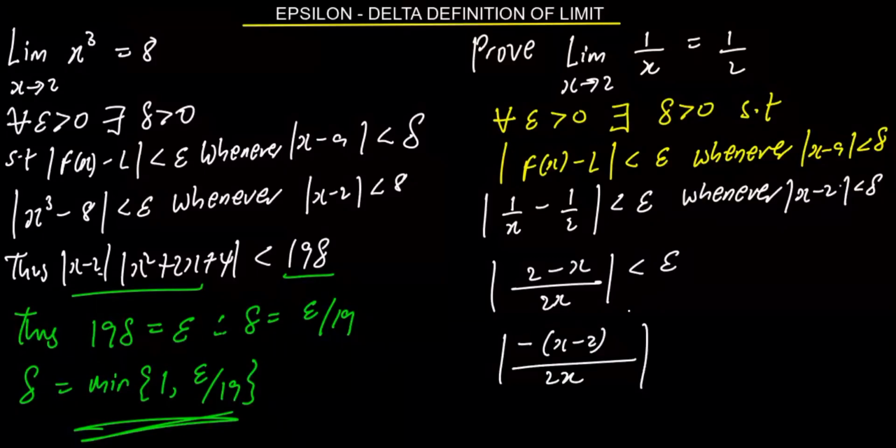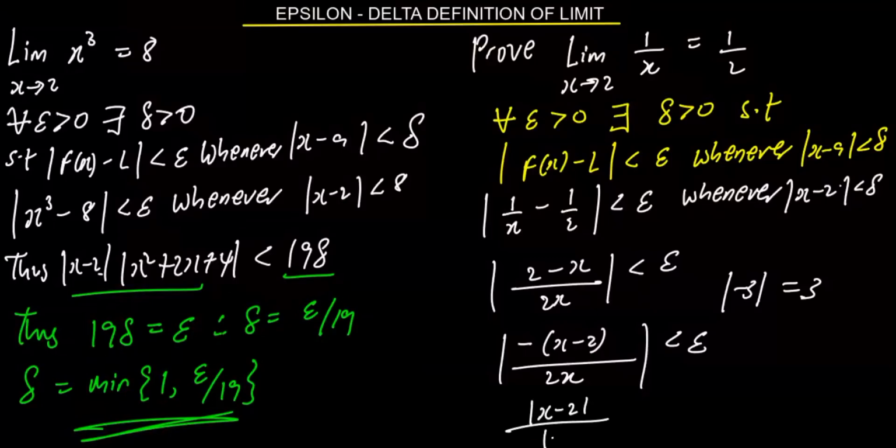I want this to have resemblance. That's why I'm doing it that way. And remember, this is absolute value. If I have absolute value of minus 3, this will give me plus 3. So this one will vanish. So I'll be having absolute value of x minus 2 over absolute value of 2x, then less than epsilon. Okay?